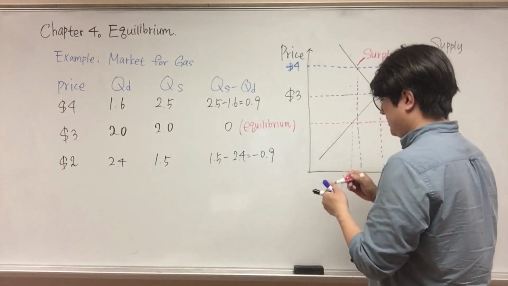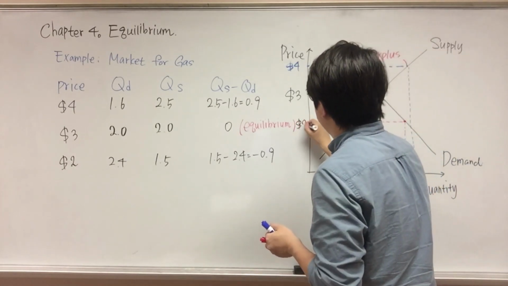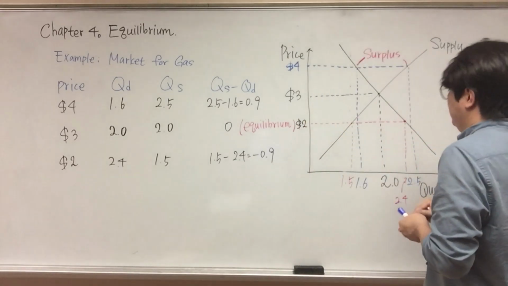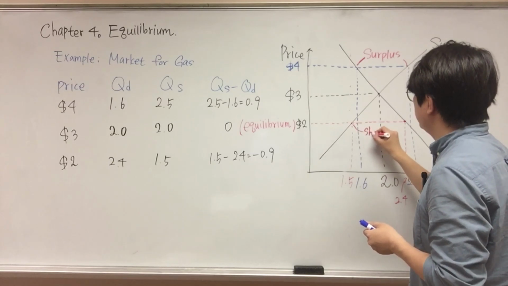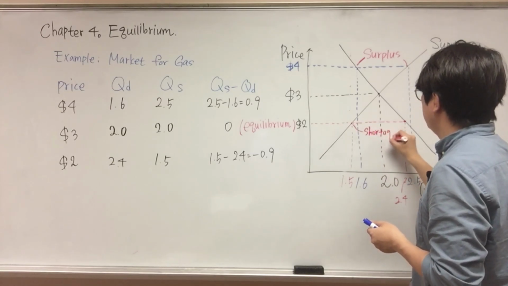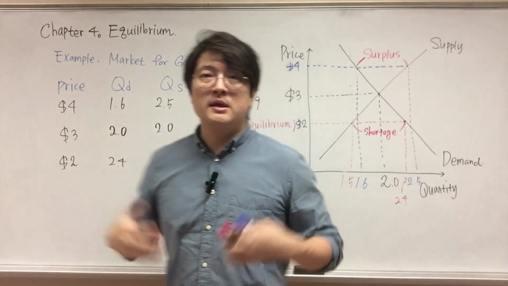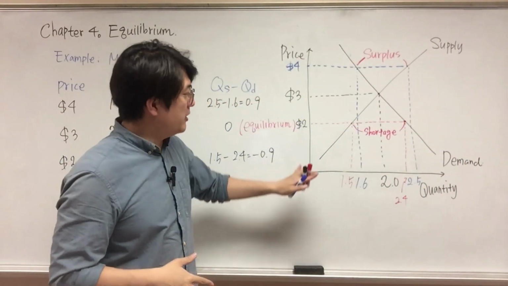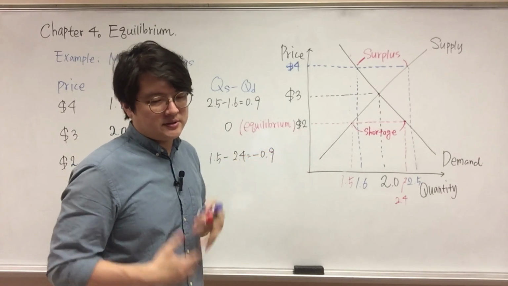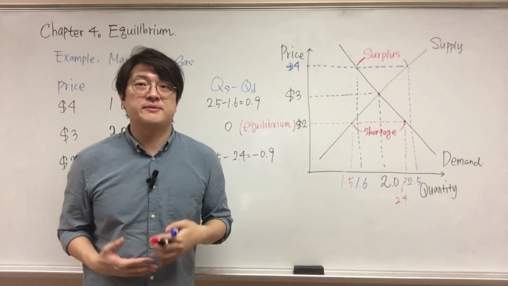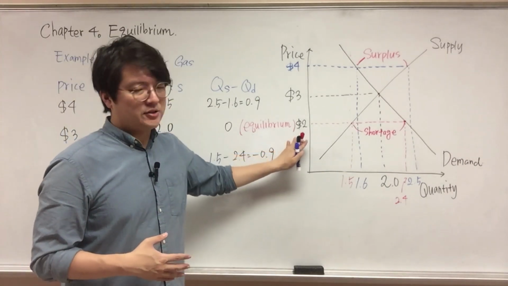In this case, at $2, we have a shortage. Why? Because buyers want to buy at $2, but the sellers don't want to make things for $2. So this is why we have a shortage at $2.